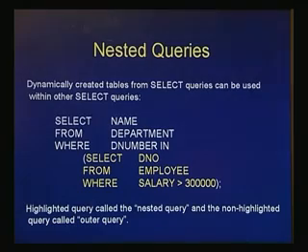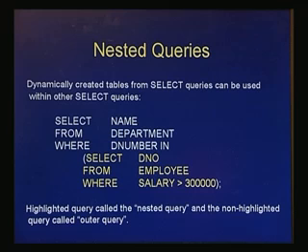That is where d number in the query called select d number from employee where salary is greater than 3 lakhs. So let us analyze this query. What does this query do? Firstly, take a look at the inner query. The inner query says select department numbers of all employees whose salaries are greater than 3 lakhs, and the outer query is saying select the names of those departments which are returned by the inner query.